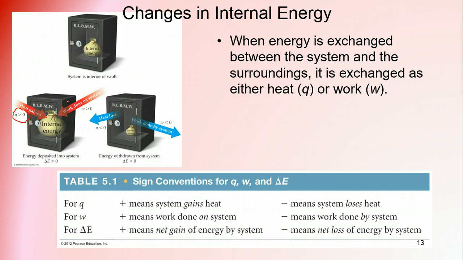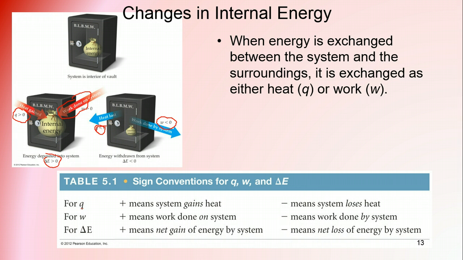And if work is done on the system, then the system is gaining energy via work. So that's delta E greater than 0. If we're losing energy from the system via heat, then Q is less than 0. And likewise, if the system's doing work, then work is going to be less than 0.